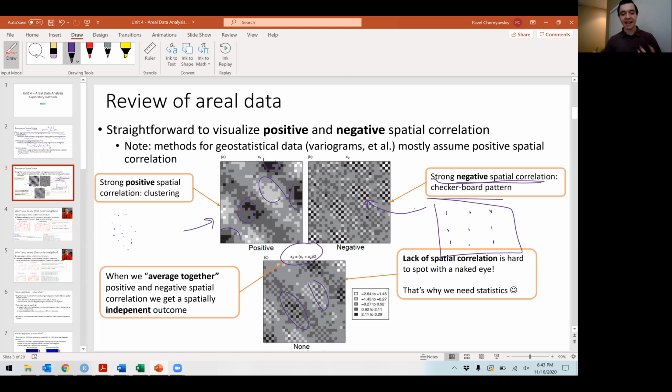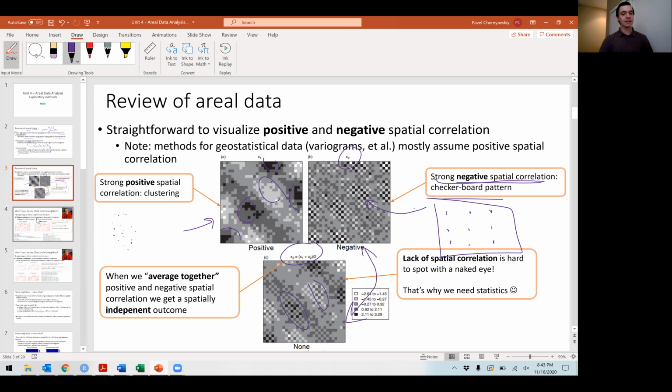So our eye can't really detect independence different from negative spatial correlation. Clustering is often easy to detect. Of course, we'll have statistical models to explain the sources of clustering, possible covariates that explain the clustering. But we often can't tell the difference between something that is not correlated and something that is inversely correlated, spatially speaking.